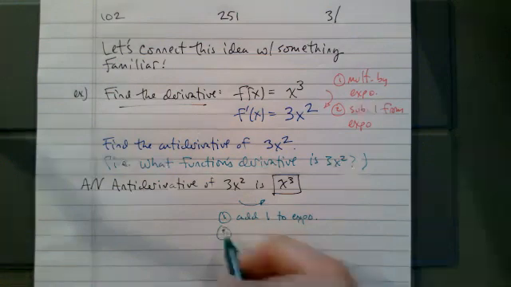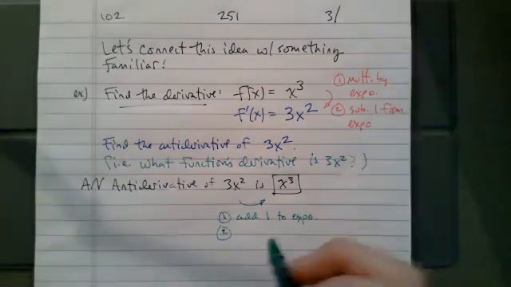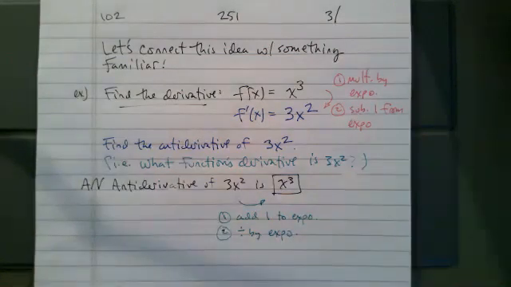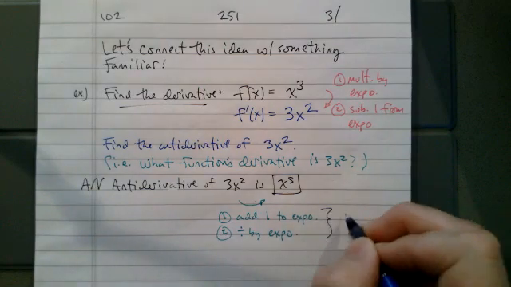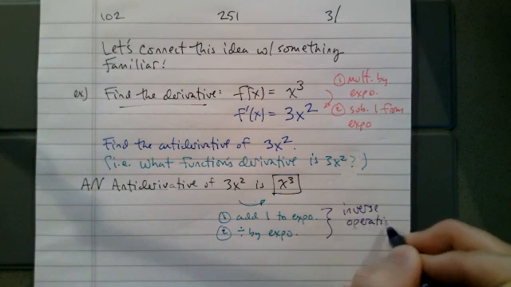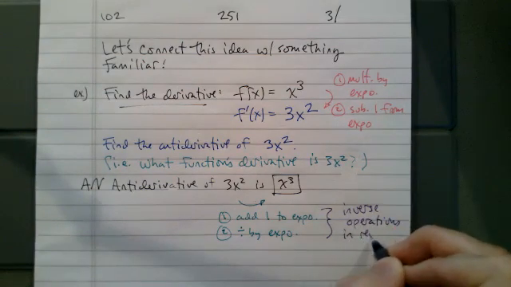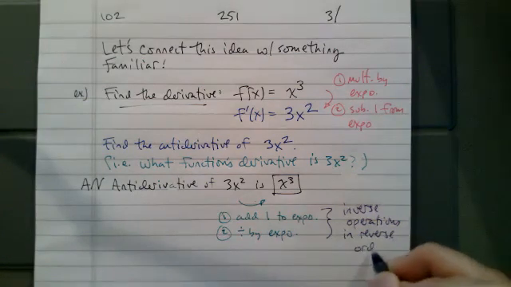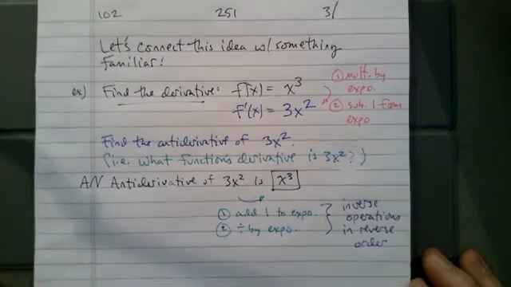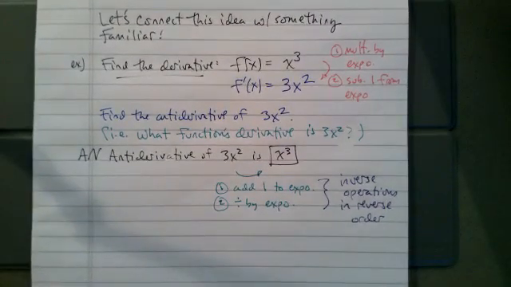And then next, the inverse of multiply by the exponent is divide by the exponent. We're performing inverse operations in reverse order, just like when we're trying to solve an equation.